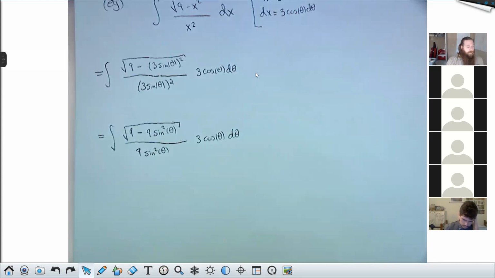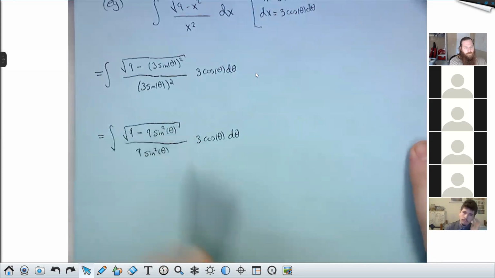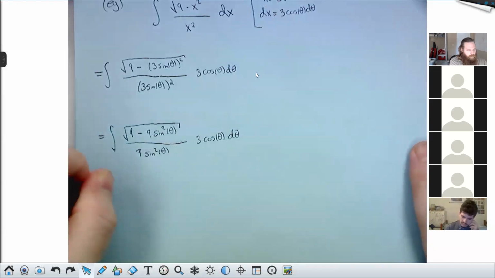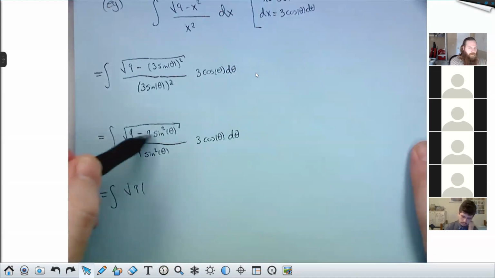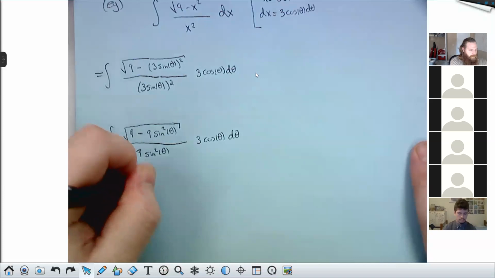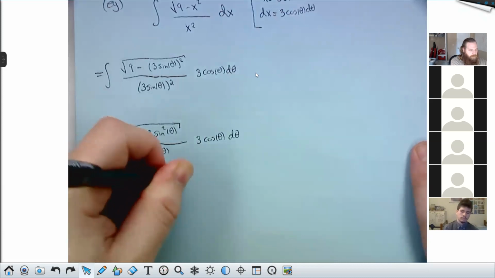So I can't cancel anything here, right? Because this 9 is not under a square root. Everything up here is. You need to factor to cancel anyway. You don't want to do that. What you do want to do is under that square root, factor a 9. So if I factor a 9 out, then that first 9 will become a 1, and the 9 sine squared theta will become just sine squared theta.